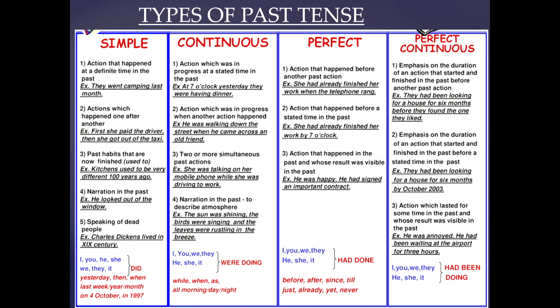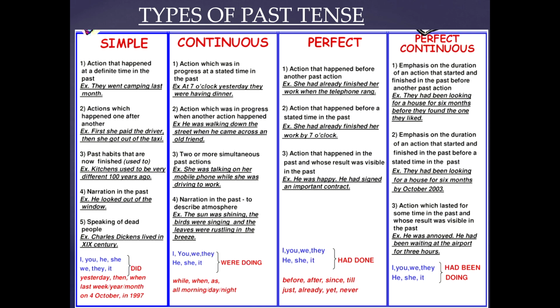And let's understand past perfect continuous tense. Where do we use it? Emphasis on the duration of an action that started and finished in the past before another past action. Let us understand, for example: they had been looking for a house for 6 months before they found the one they liked, right?